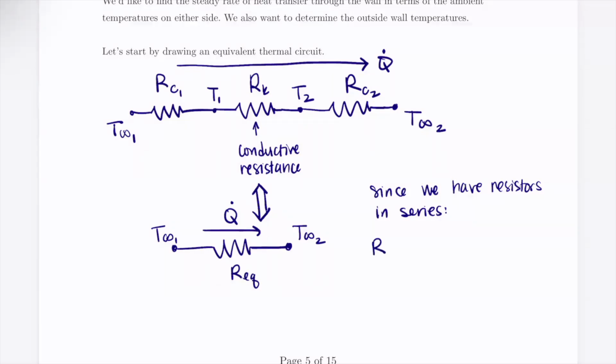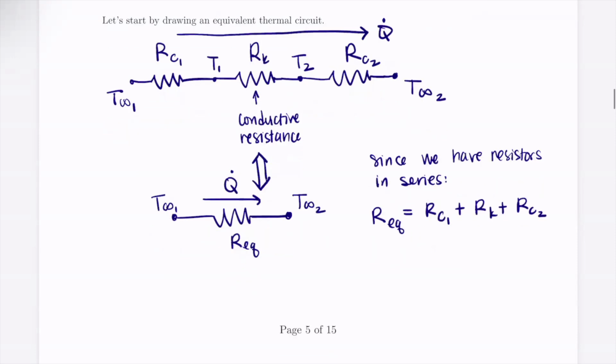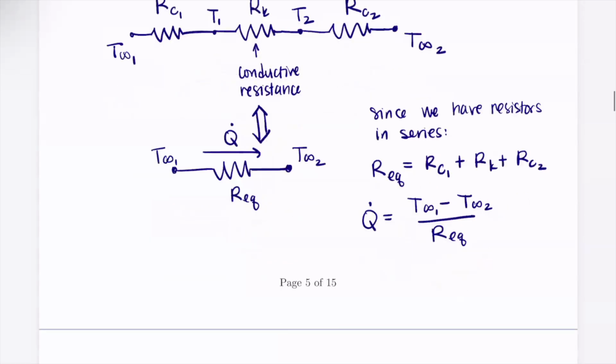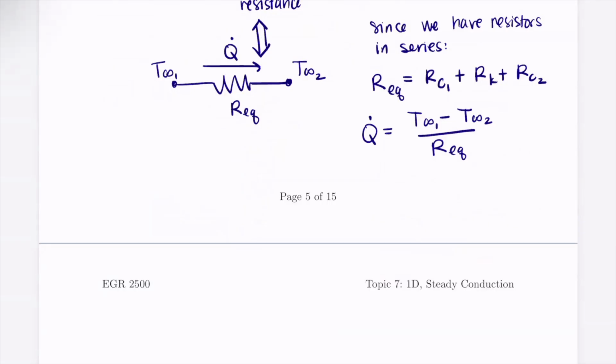Our equivalent resistance is equal to RC1 plus RK plus RC2. Then we can use this equivalent circuit to say that Q dot is equal to (T infinity 1 minus T infinity 2) divided by the equivalent resistance. I can expand this out now. Q dot is equal to T infinity 1. Well, let me move this.